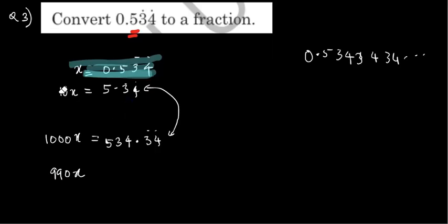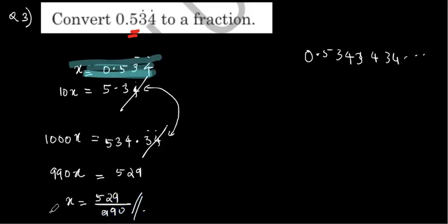So 1000x minus 10x will make it a 990x, and here you can get rid of the decimal parts, and you're just subtracting 534 and 5. So 534 minus 5 is going to give me 529. So that would be 529 here. So x would be 529 over 990. So that will be the fraction form of your repeating decimal for this part.